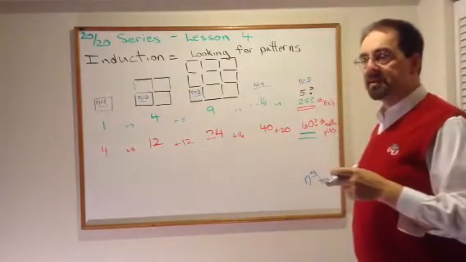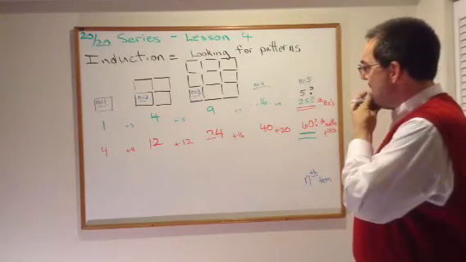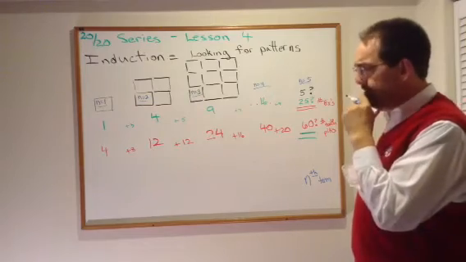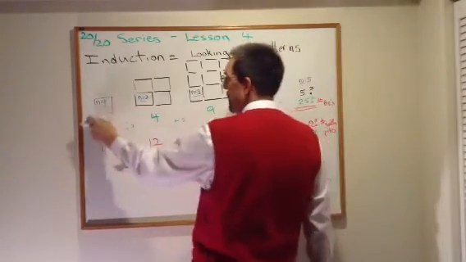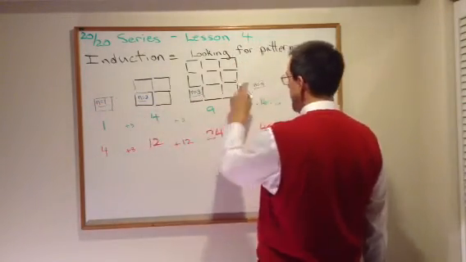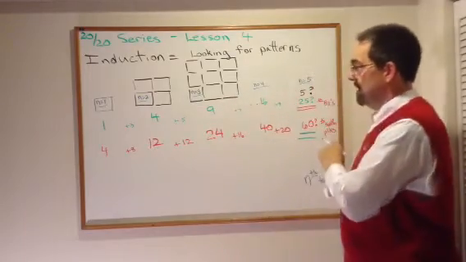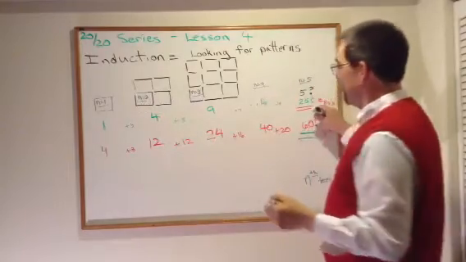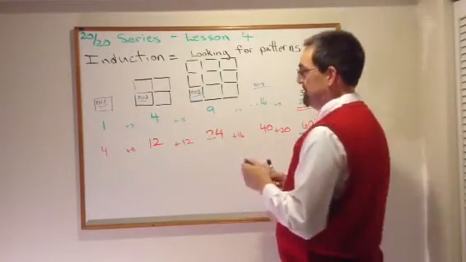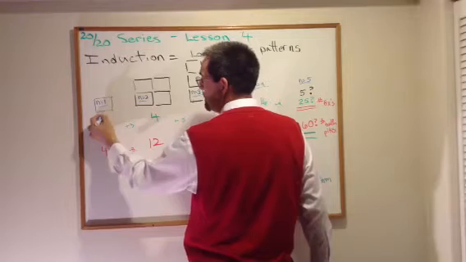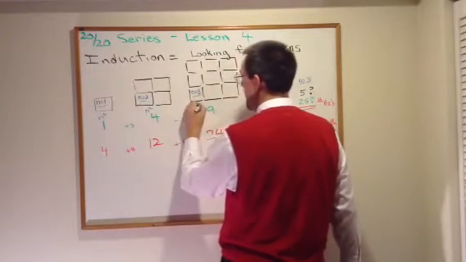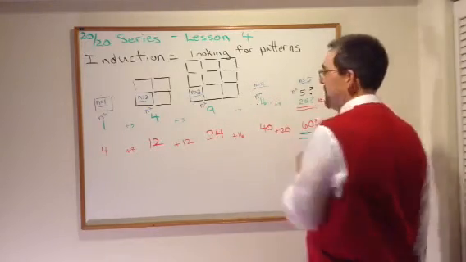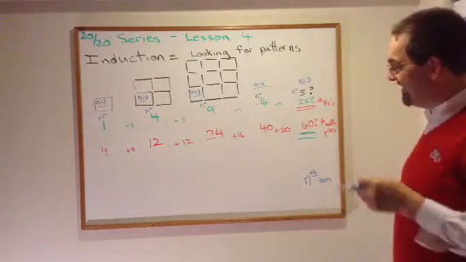Wow, it's doubling itself, isn't it? Like a squared deal. Could be. n squared, n squared, n squared. Hey, I think we found a pattern. If we just wanted the number of boxes, it's just n squared. Oh, that's so cool.